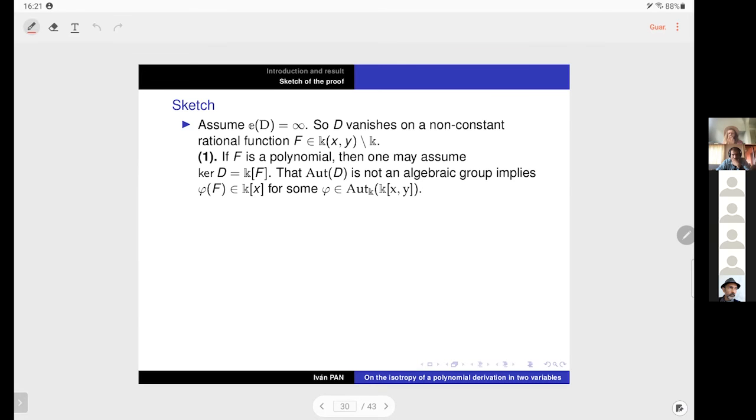It's more or less the situation as before. The second case is where f is really a rational function which is not a polynomial.